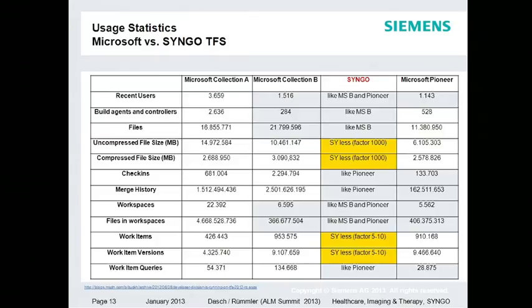In addition, the Syngo project we are talking about today is only one team project collection hosted on the infrastructure behind it. That means there are many other team project collections as well, for example one team project collection for one product line.